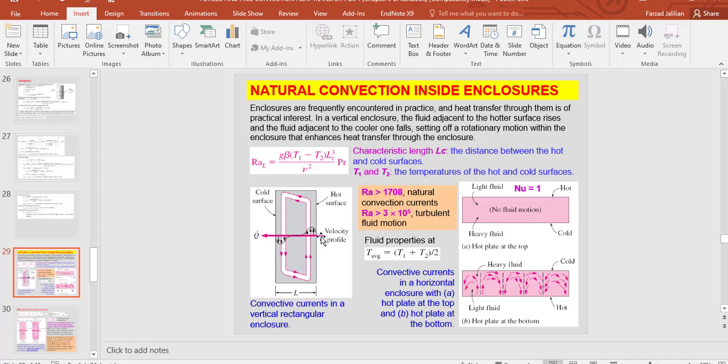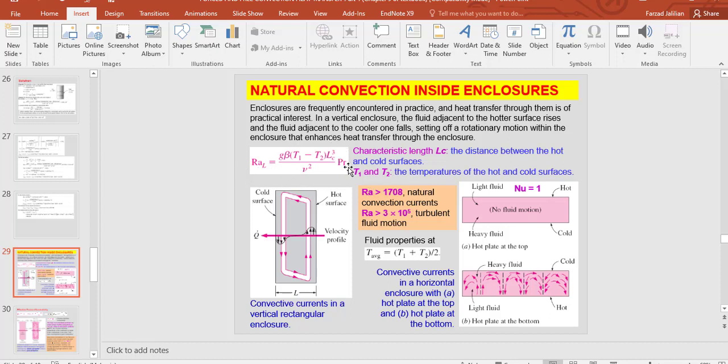and it is also effective on its heat transfer. If you remember, we had the Rayleigh number to know how the fluid flows in natural convection. We use this Rayleigh number to know if the fluid flow is turbulent or laminar.